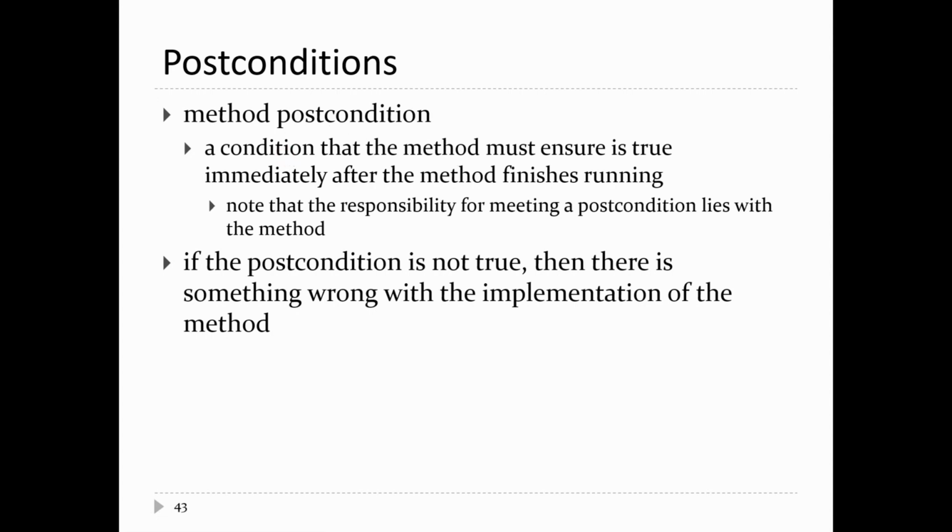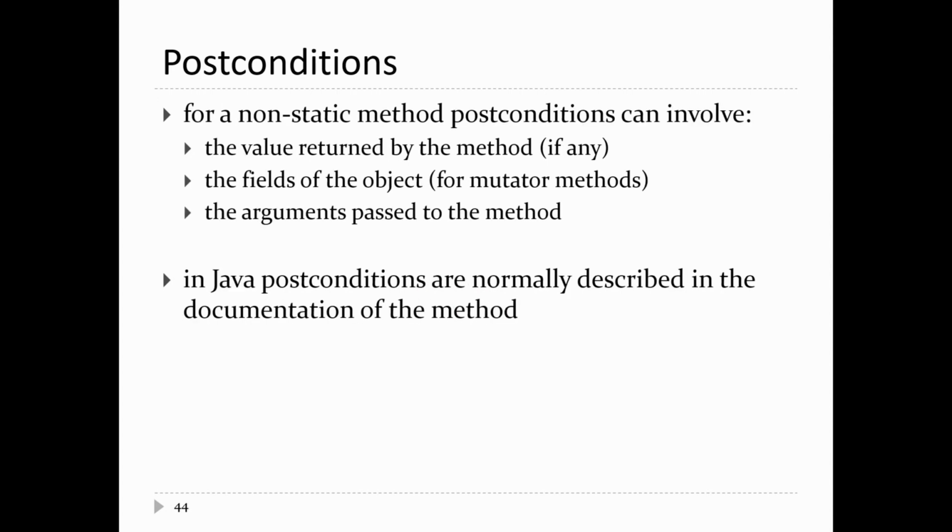Now technically it's a condition, so it has to be something that you can write down that ends up being true or false. If your postcondition is not true, then there's something wrong with what you've done inside the method. Now, for a non-static method, a postcondition can involve something about the return value. So if the method returns a value, there might be some condition on the value that's returned.